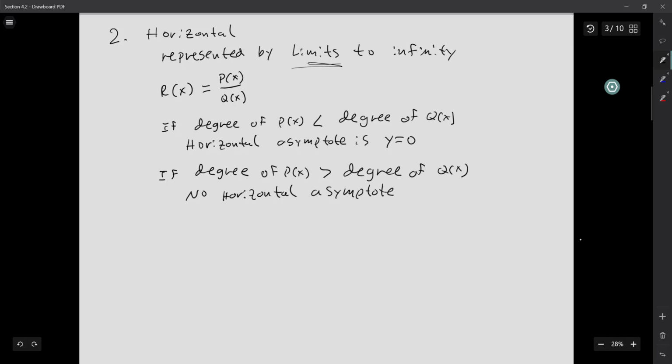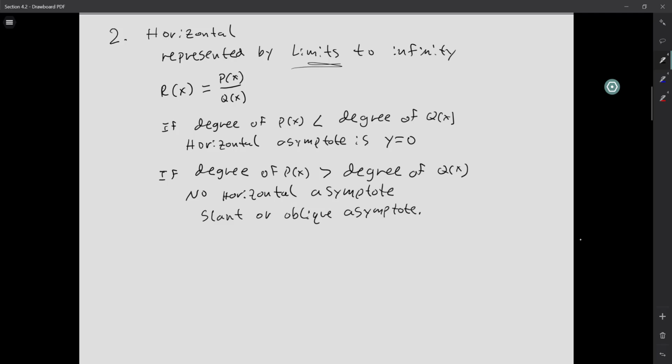What I actually get in this case is a slant or oblique asymptote, or maybe something a little bit more exotic. The point is, the asymptote is not going to be a horizontal line. Usually what happens in these cases is my rational function blows up towards infinity or minus infinity in either of the two directions.